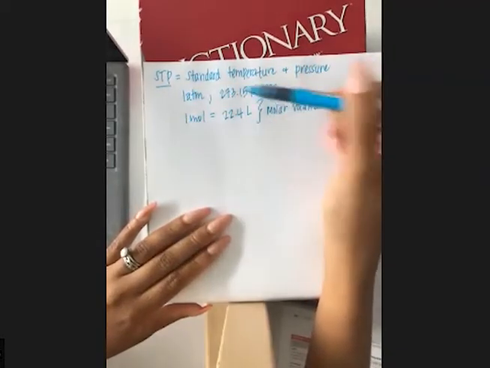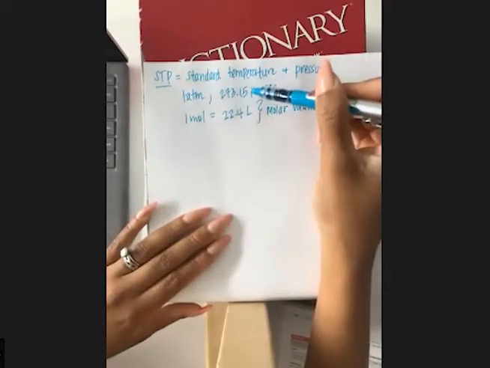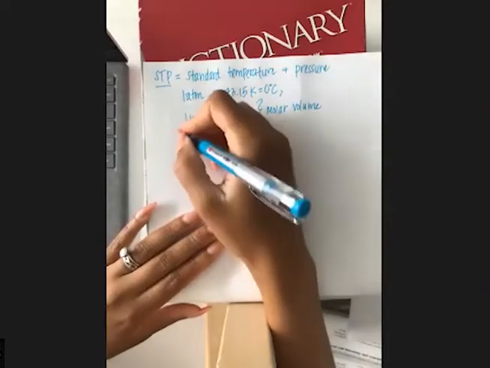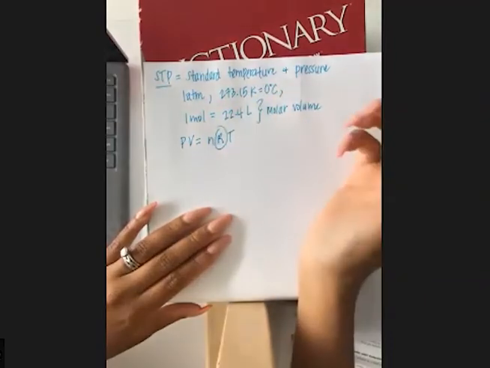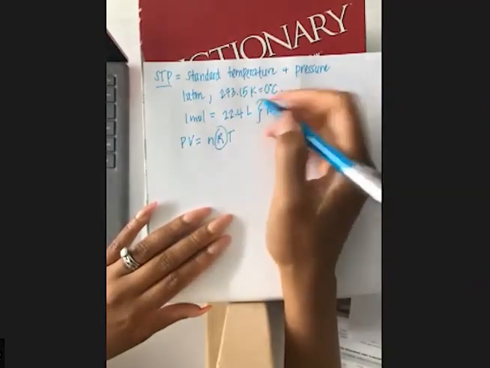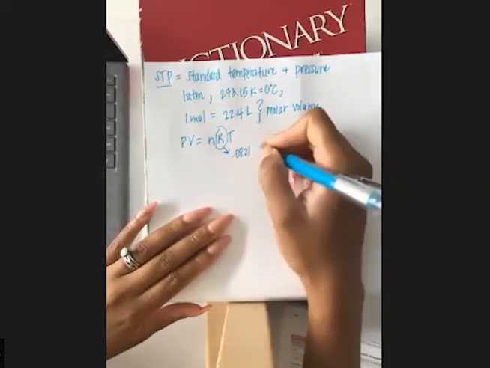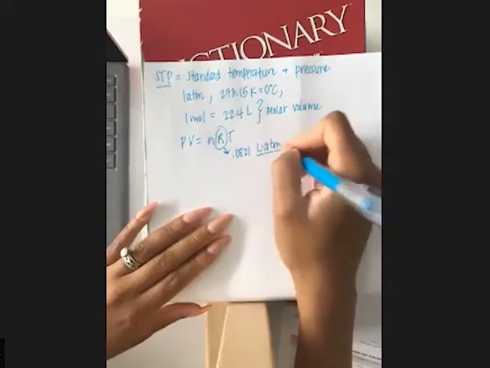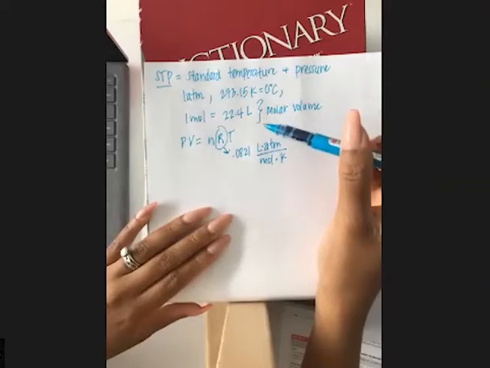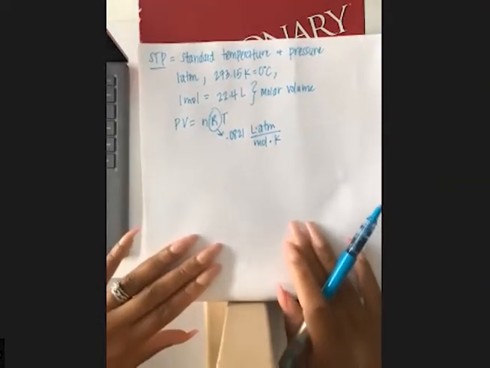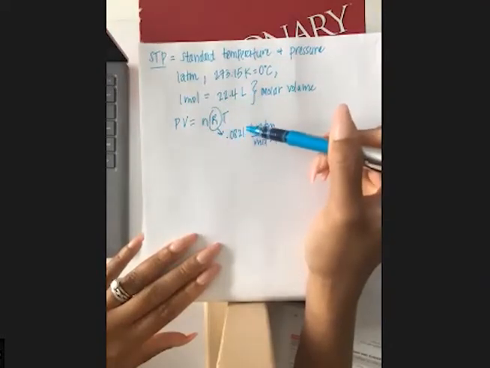So if we plug in 1 mole, 22.4 liters, 1 atmosphere, and 273.15 K into the ideal gas law and solve for R, we end up getting the gas constant, which is 0.0821 liters atmosphere over moles K. So we can solve for the molar volume this way, or we can solve for the ideal gas constant this way as well.